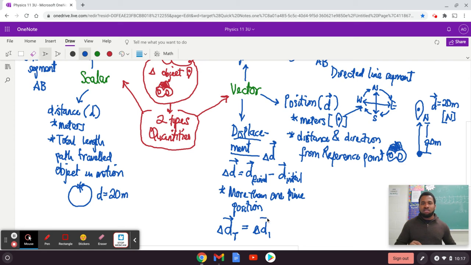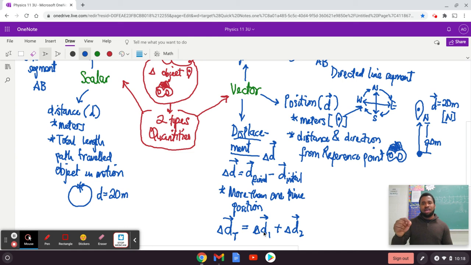So in this case, the change in position, which is displacement 1, plus we have another displacement, which is a vector, in this case 2, and we have this particular arrow at the top.